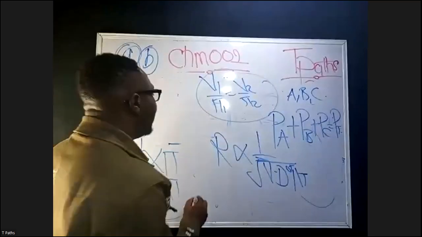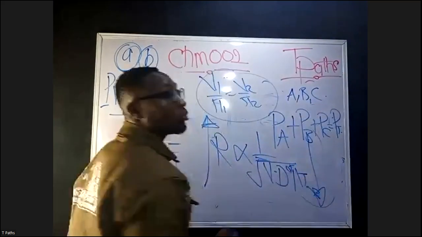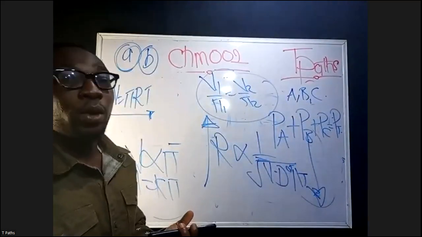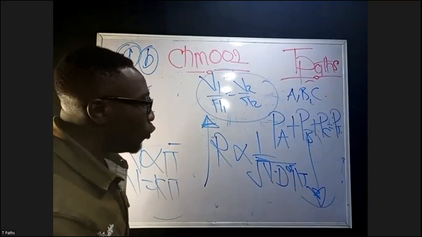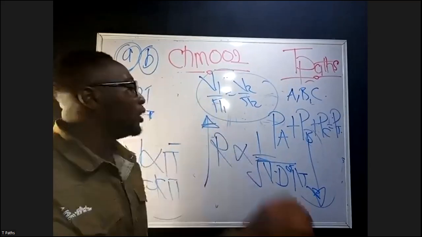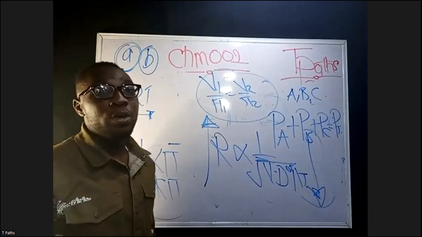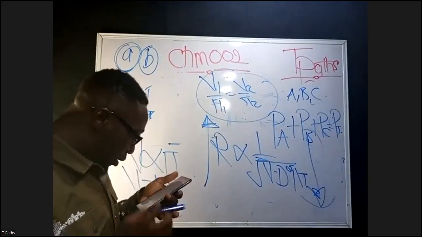That means the rate will increase if molecular mass decreases. So we expect gases of lower molecular weight to diffuse at a faster rate. When you see such a question, pick the gas with the lowest molecular weight.